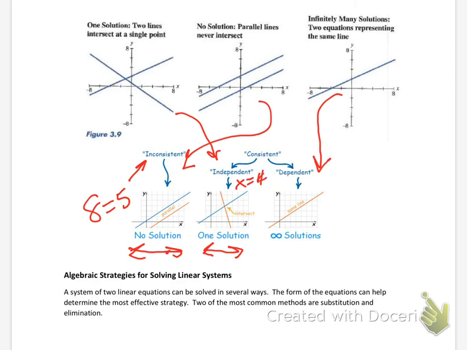You'll plug that number in the original equation, and you'll get your y, and you have one point of intersection. Dependent situation, you might get an answer when trying to solve for x of 8 equals 8. That is completely true, but it gives us no additional information other than the fact that we have two equations lying on top of each other, and they intersect at every single point.